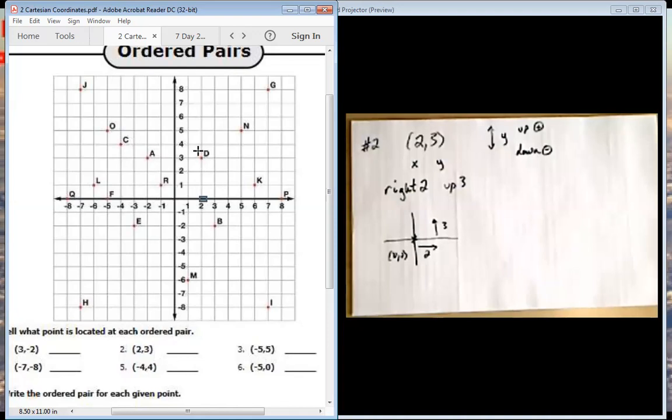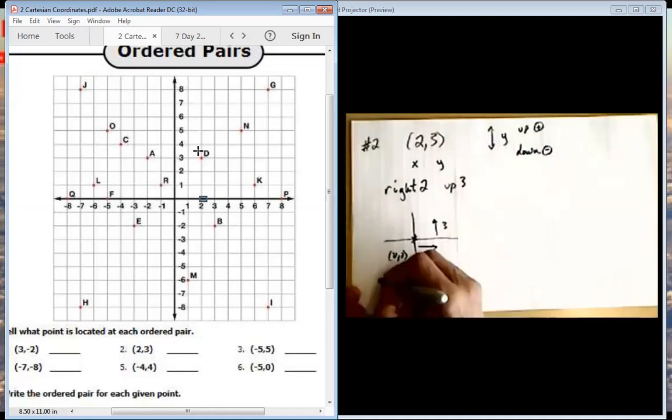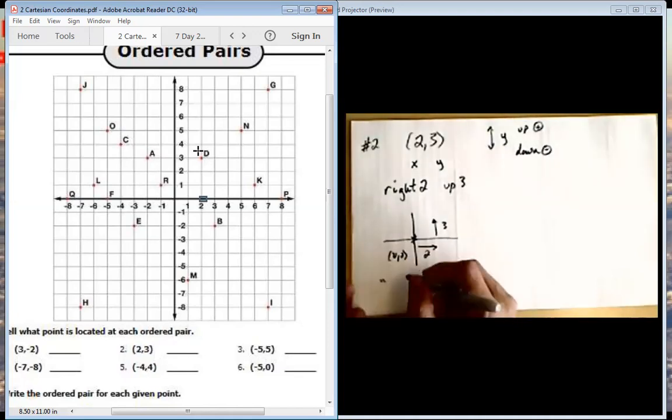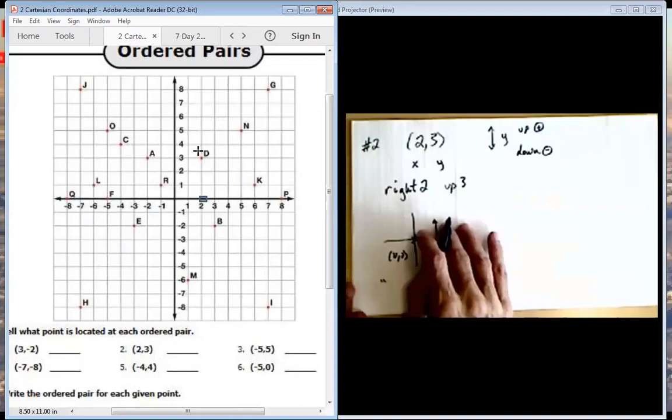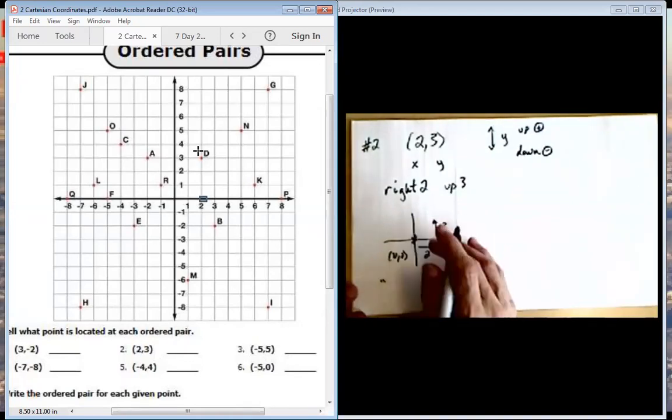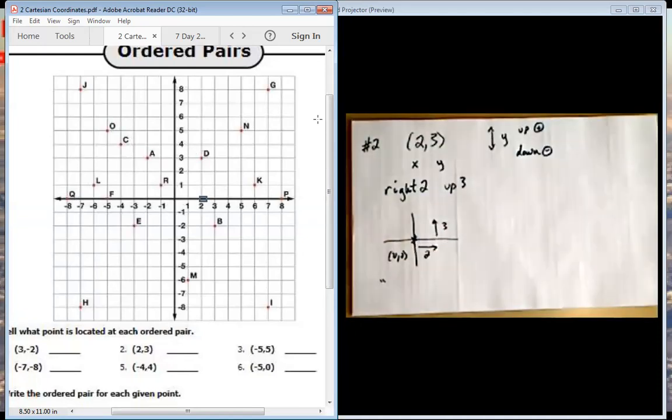So what letter is located at that spot? Diane, you got this one? For number 2, go right by 2 and up by 3. So we go from the origin here, we go right by 2, and then up by 1, 2, up by 3.